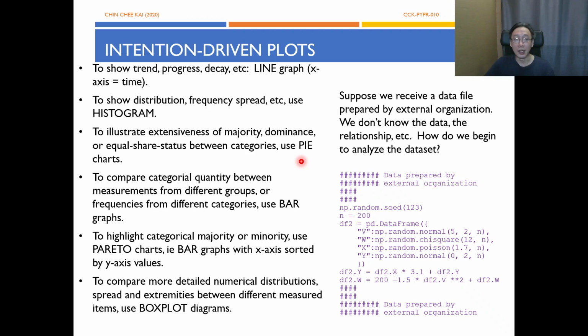Okay, what I want to share with you here is that when we want to have a certain communication intention or business intention, for example, suppose we want to show trend. We're trying to say, you know what, customer, you better buy this stock because it is growing.